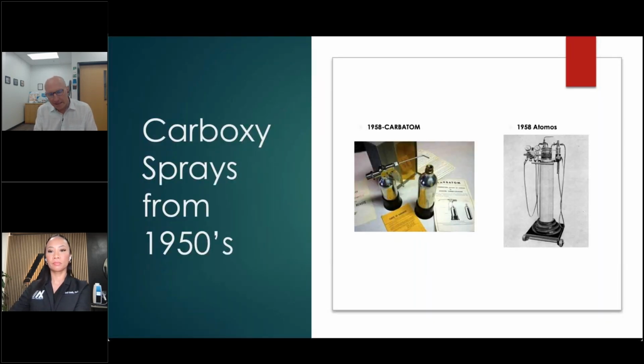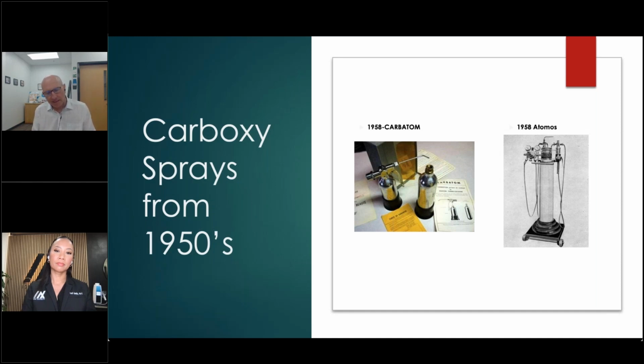As I mentioned, back in the 1950s, there were a lot of these devices around. These were the two that I saw the most. The one on the left, the Carbotom, clearly marketing wasn't involved in the naming of some of these devices. But I actually have a few of these that I was able to find on eBay. The one on the right was sort of the big boy version of this, but they were really popular back in those days.